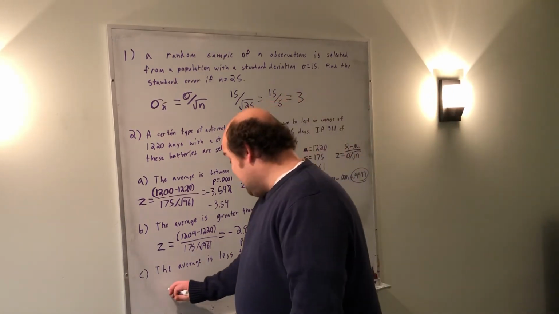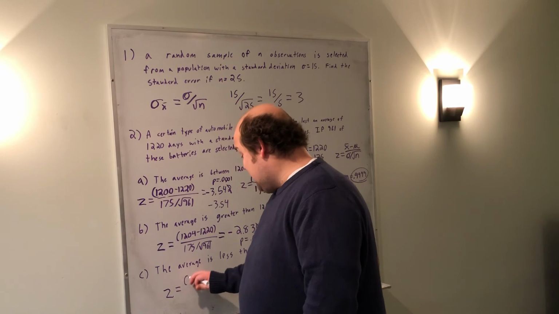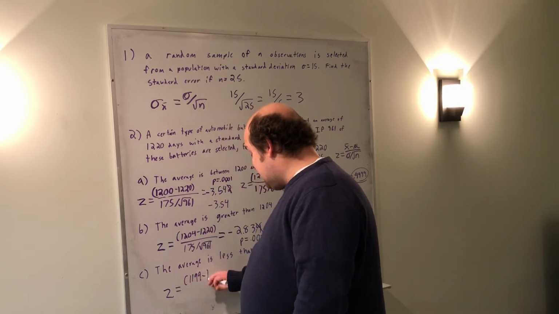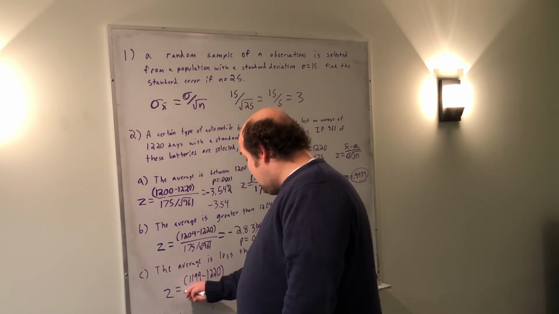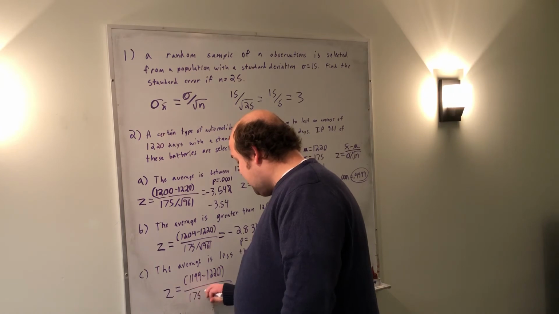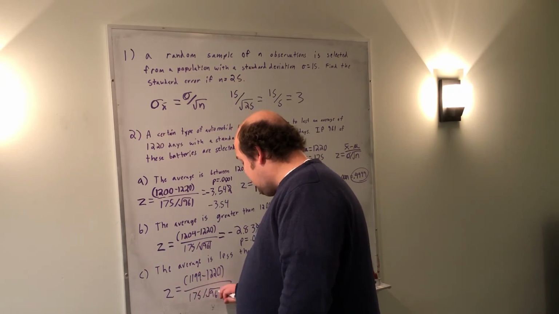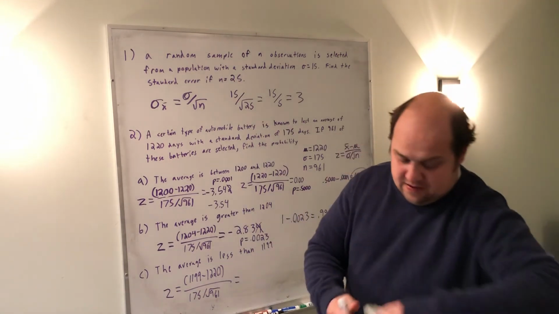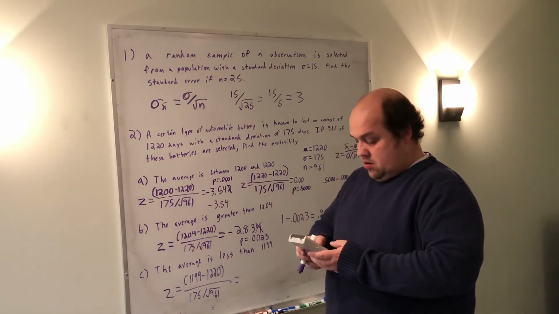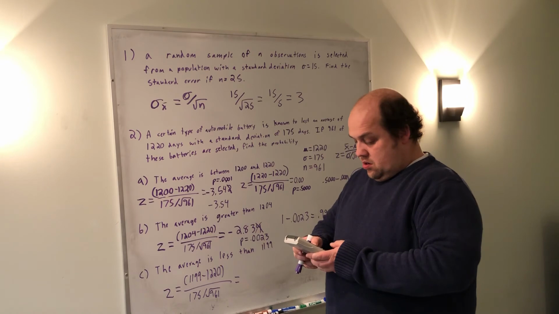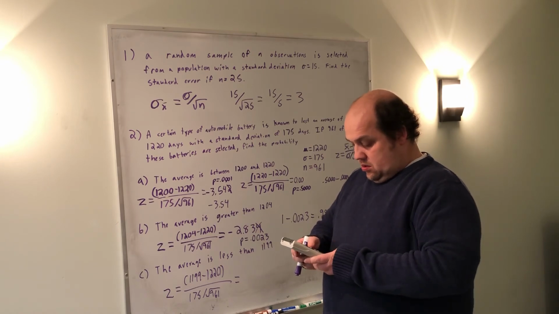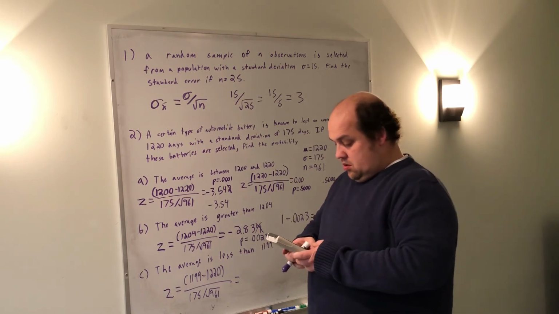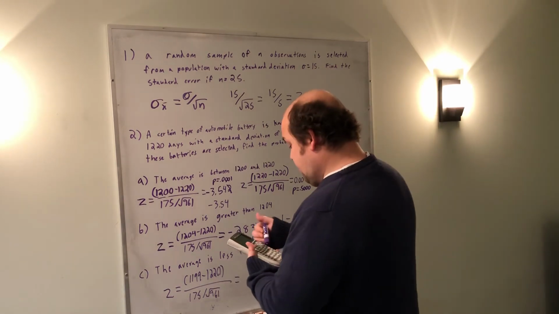But if I finish this out, z of 1199 minus 1220 over 175 divided by the root of 961. When I put that into my calculator, it gives me negative 3.72.